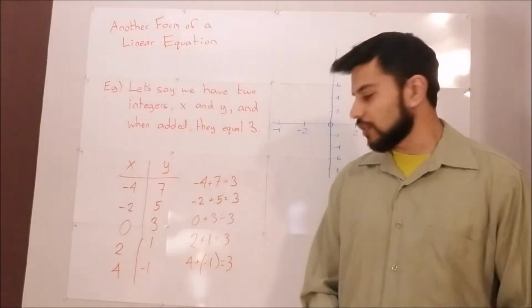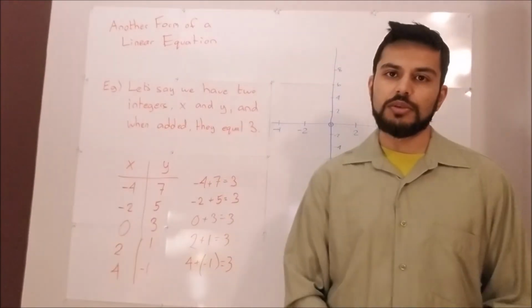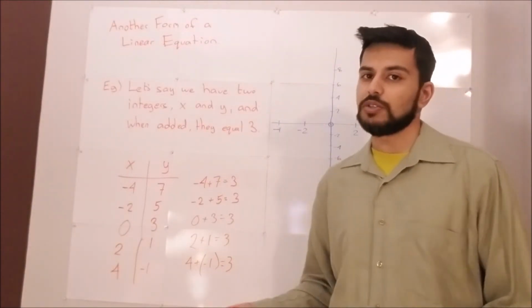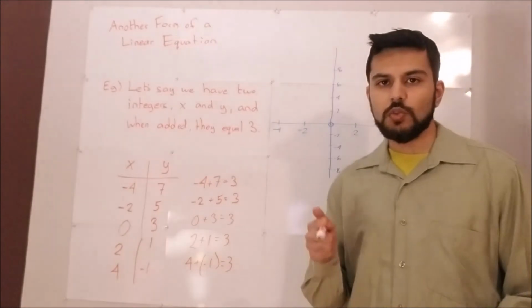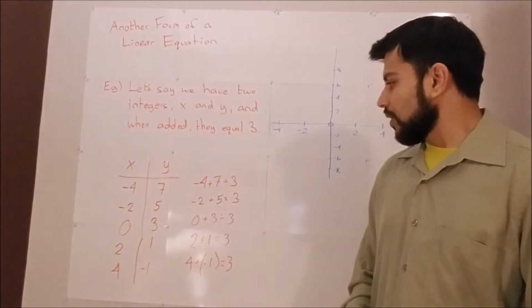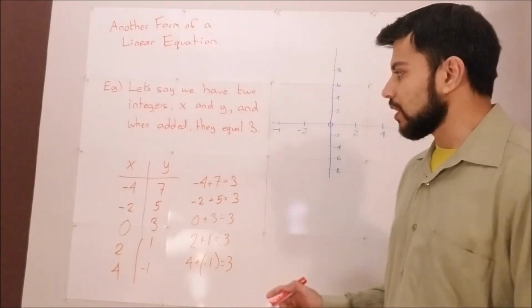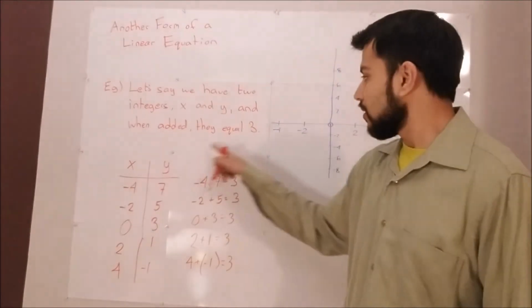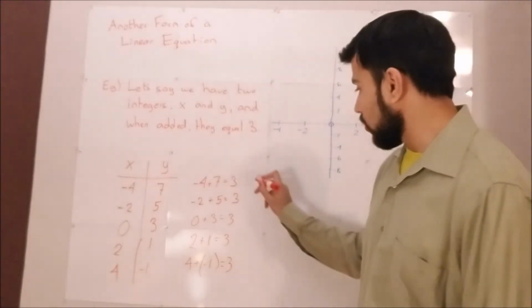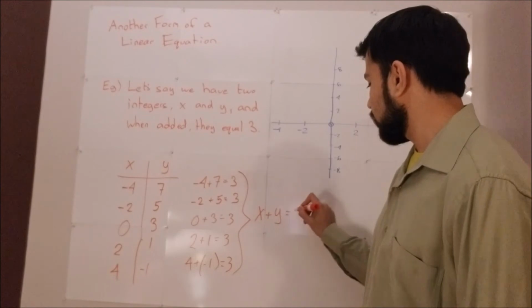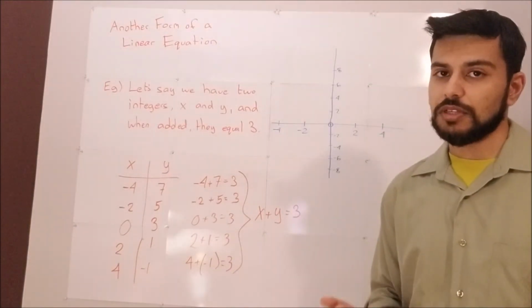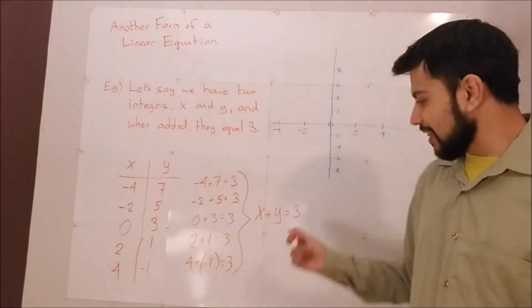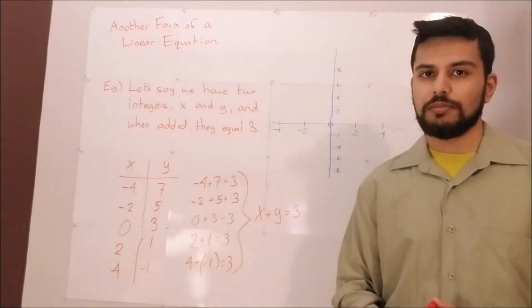And if you remember rational numbers, plus and a minus together just give you a minus. So 4 minus 1 is equal to 3. And essentially what we've done here is we have tested out the equation x plus y is equal to 3. All of this is just telling us that x plus y is equal to 3. And that's the equation that we're working with.